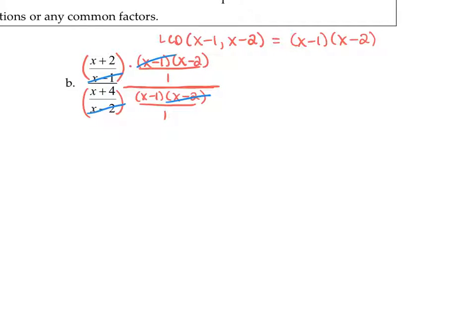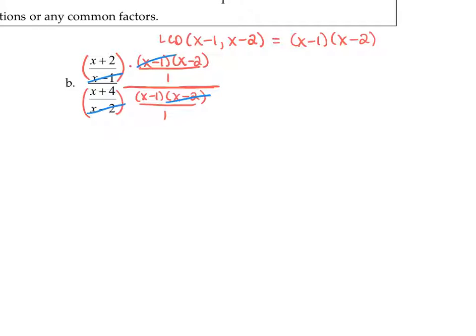The whole idea behind this method is you're multiplying by something that you guarantee will get rid of the complex nature of these fractions. Now this is a different kind of complex than complex numbers, but what makes this a complex fraction is the presence of a denominator in my numerator and a denominator in my denominator. And what we're trying to do is get rid of that.